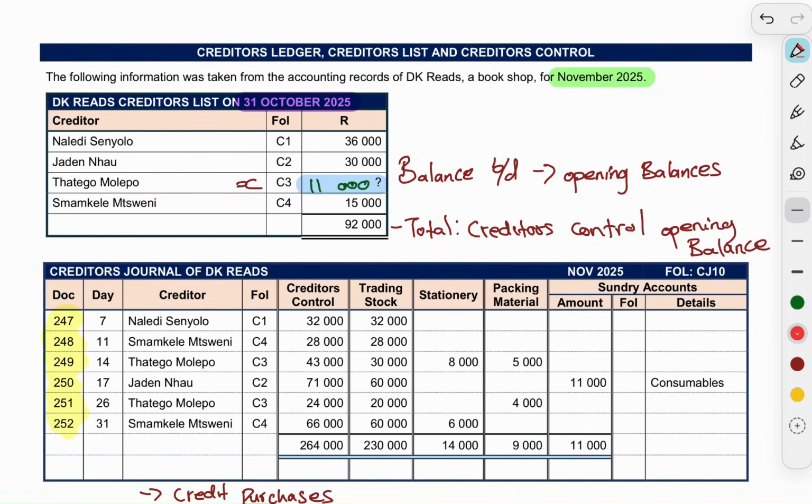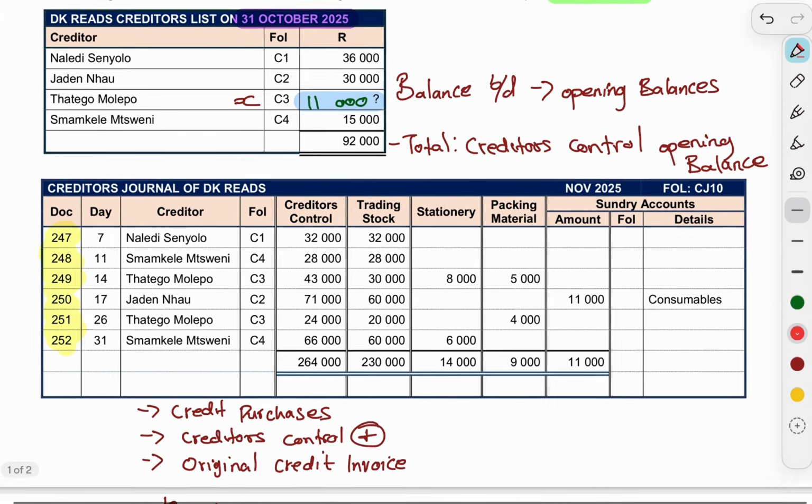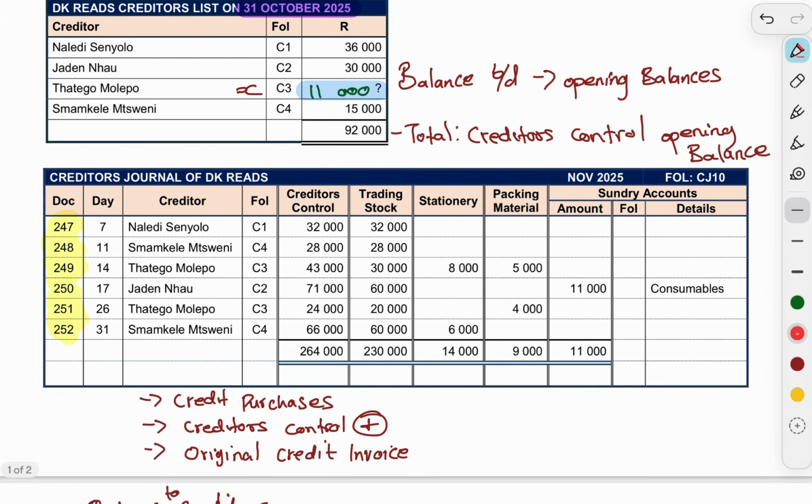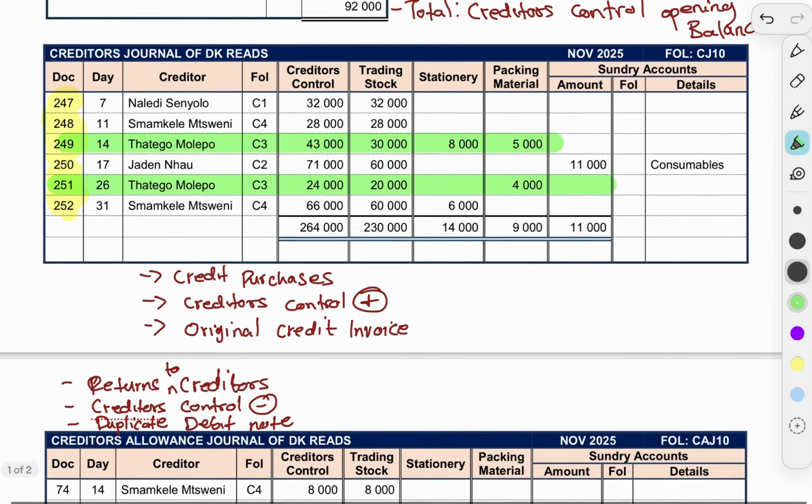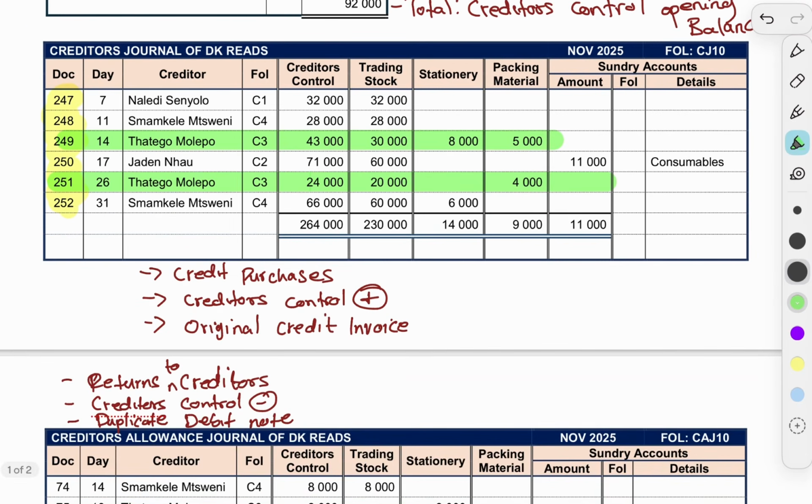So let's go and look for Thategô Molepo. Anywhere we see the name, just highlight it. So day 7 is a transaction with Thategô Molepo. Day 14 we bought from Thategô Molepo, and let me see, we have another transaction on the 26th. So we bought twice from Thategô Molepo.